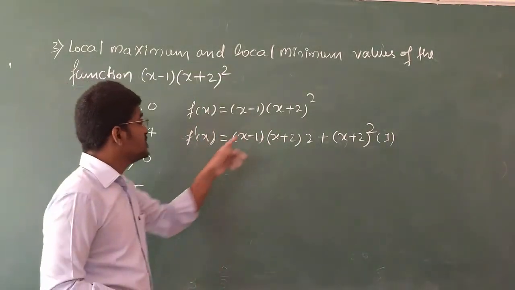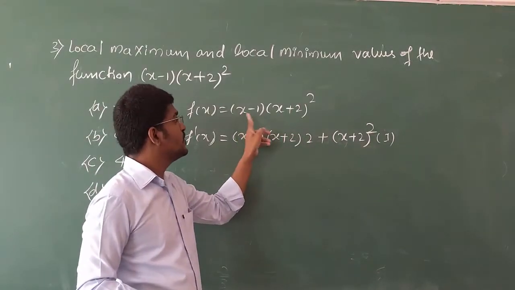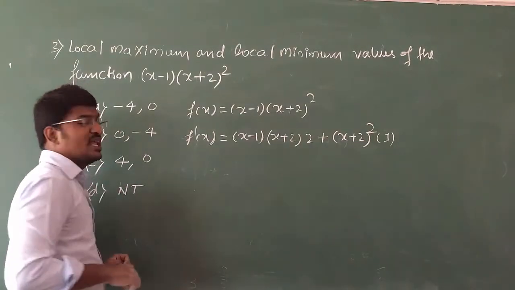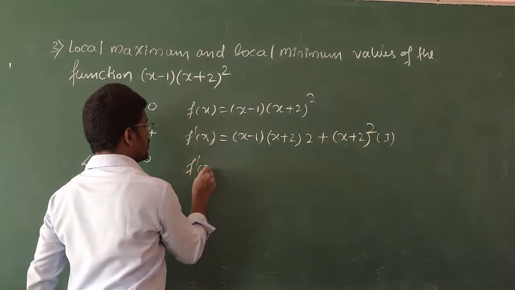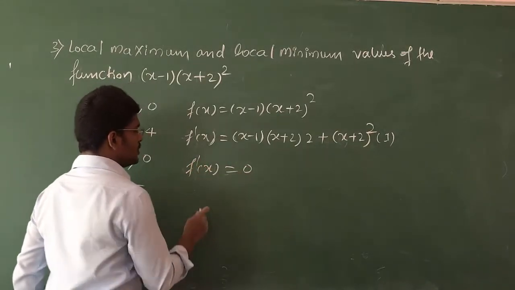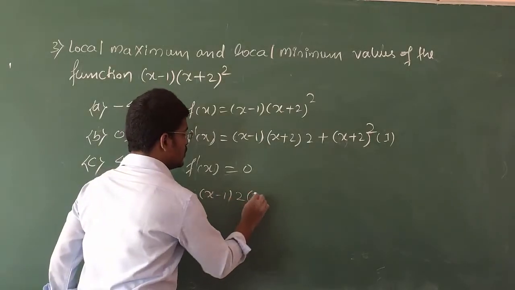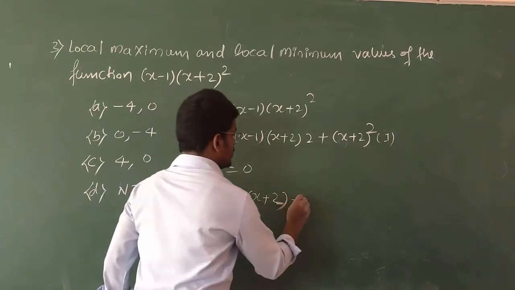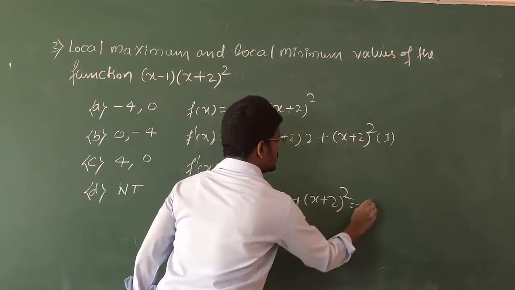Clear? So differentiation of x plus 2 whole square, 2 into x plus 2, differentiation of x minus 1, it is 1. Okay. So you got f dash of x. Now let us simplify this for 0. F dash of x equal to 0, that is x minus 1, 2 into x plus 2, plus x plus 2 whole square equal to 0.